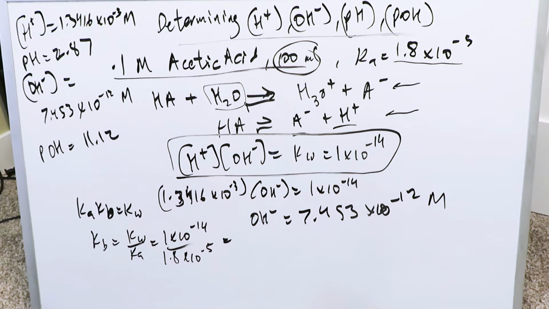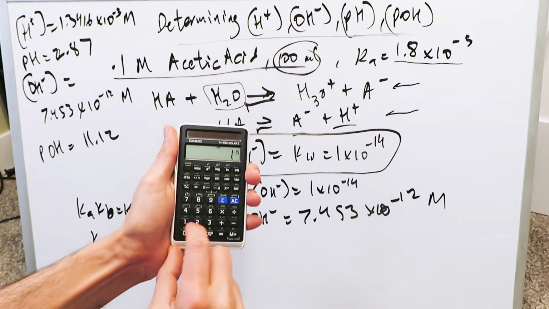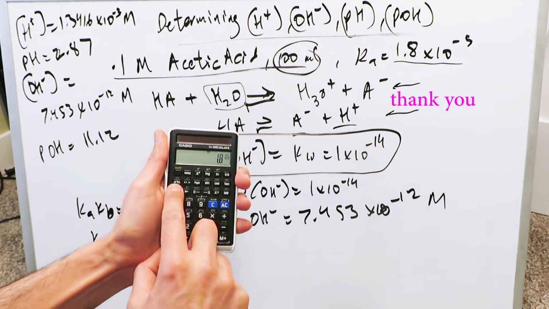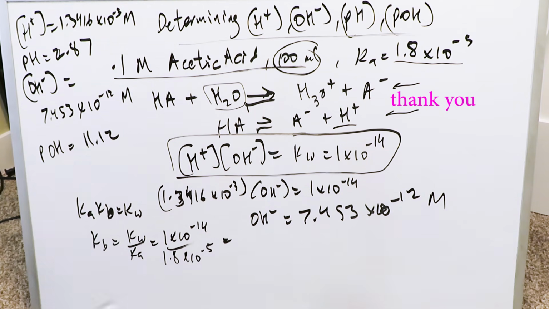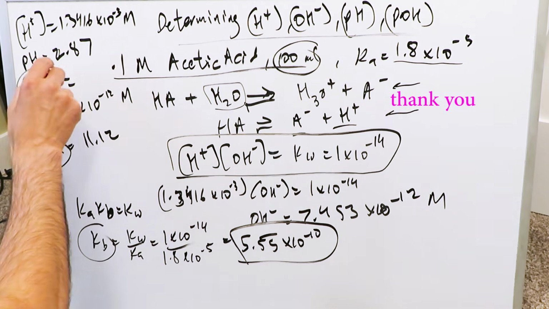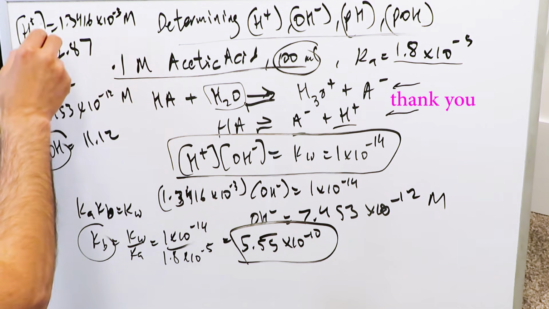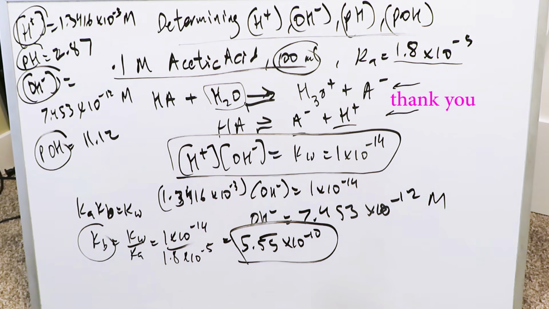Your Kb value, which you would use if you're looking here at a weak base, would be 1 times 10 to the minus 14 divided by 1.8 times 10 to the minus 5, and you have 5.55 repeating times 10 to the minus 10. And there are no units over here you have to be worried about. So we've determined actually Kb, pOH, hydroxide ion concentration, pH, and the hydrogen ion concentration all from a weak acid, and that's how you would do this.